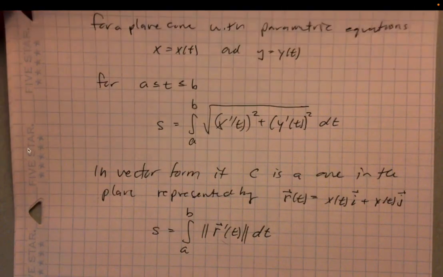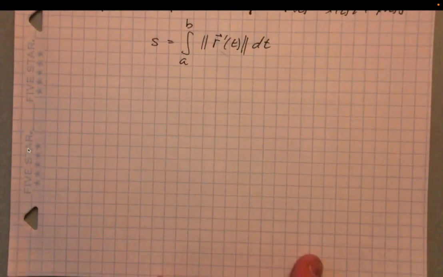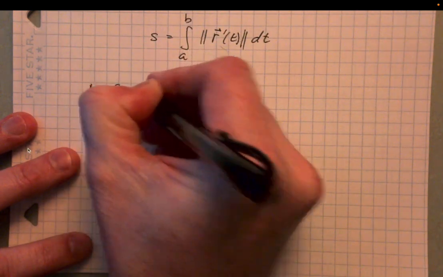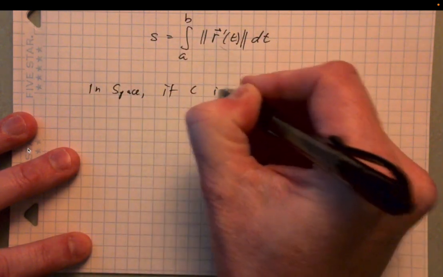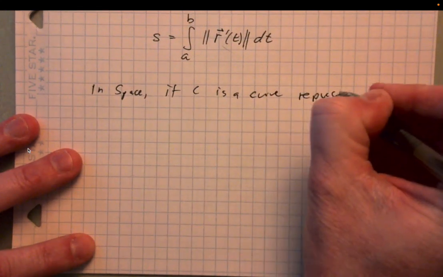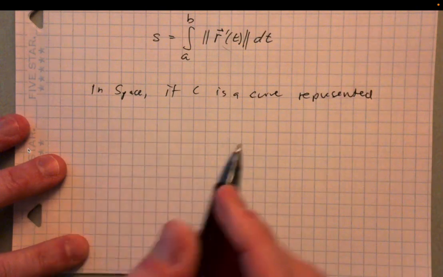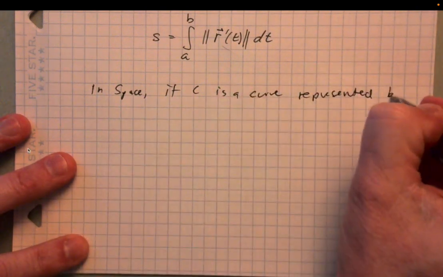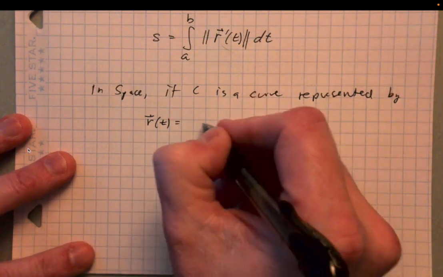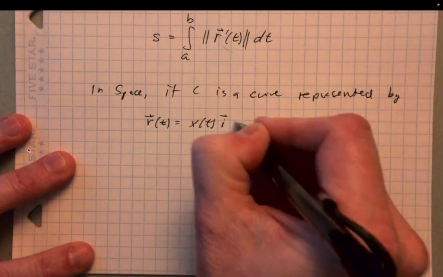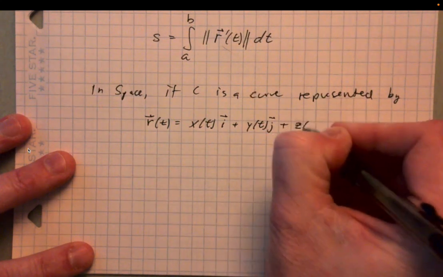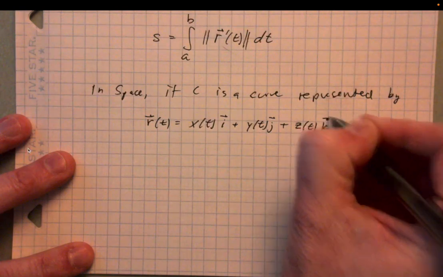Now, of course, in 3 dimensions, you can do the same thing. So, in space, if C is a curve represented by some 3-dimensional vector, and we'll again write it out here just to be thorough, maybe we've got x of t times the i vector plus y of t times the j vector plus z of t times the k vector, right?